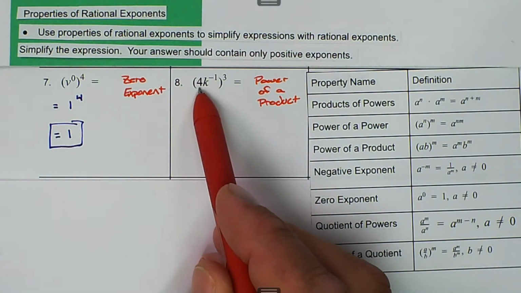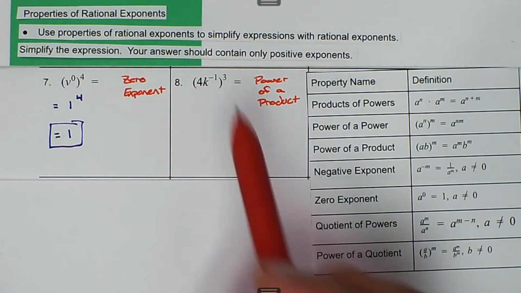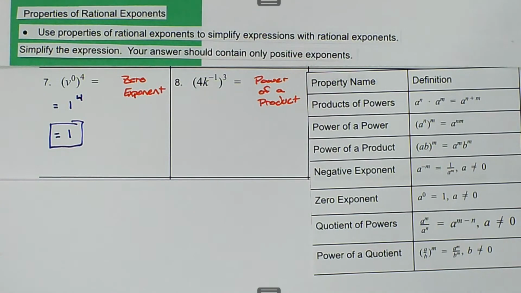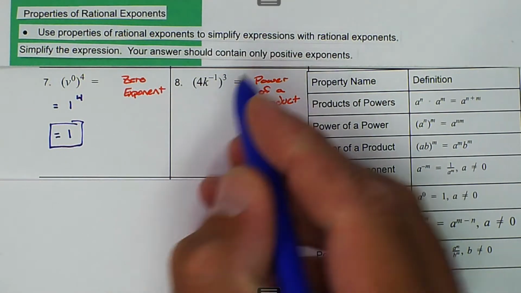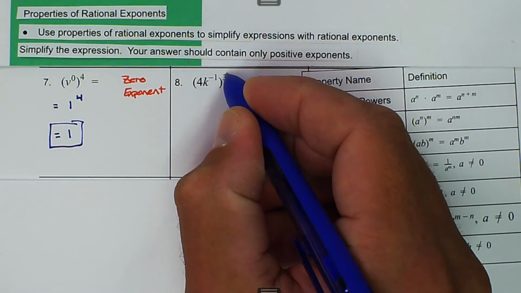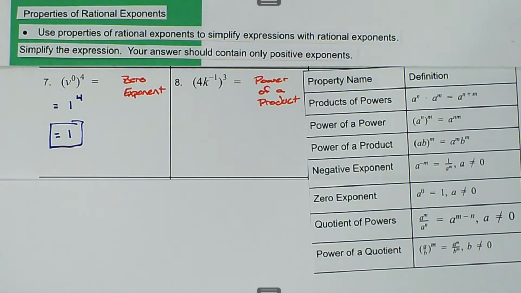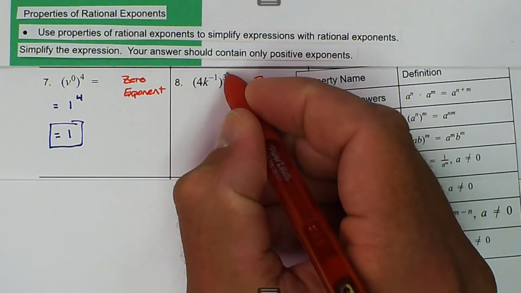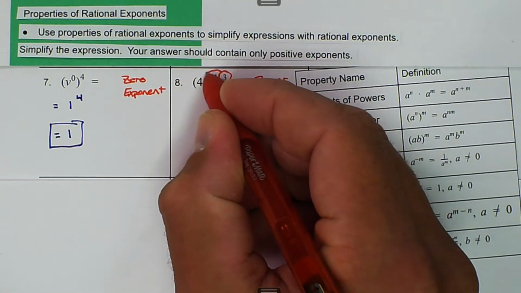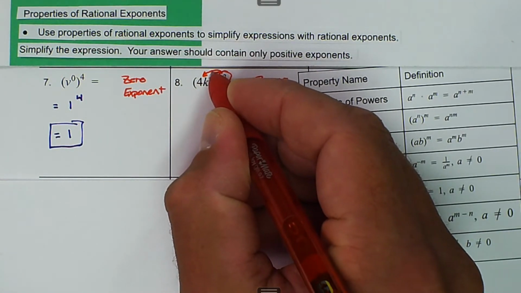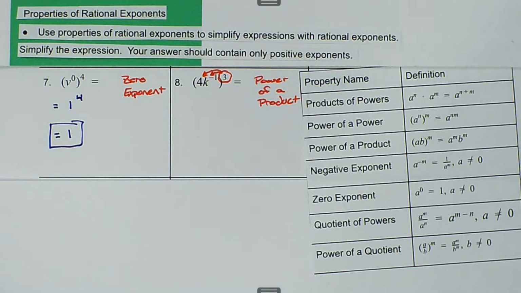So power of a product, the product here is we have 4 multiplied by k. So that's the product, and then the product is raised to a power. So we get to distribute the 3 to the 4 and distribute the 3 to the k.